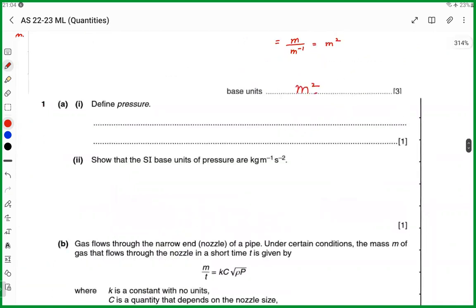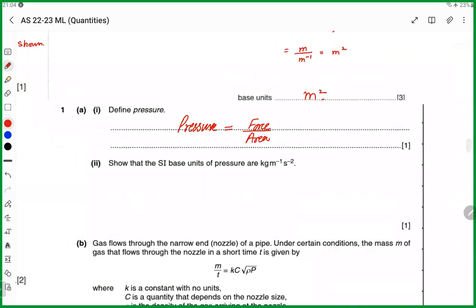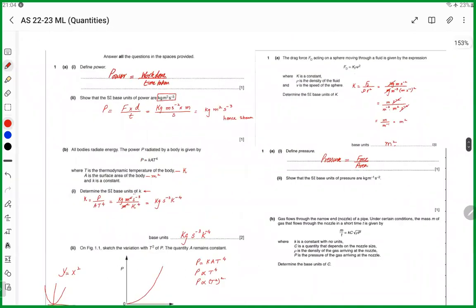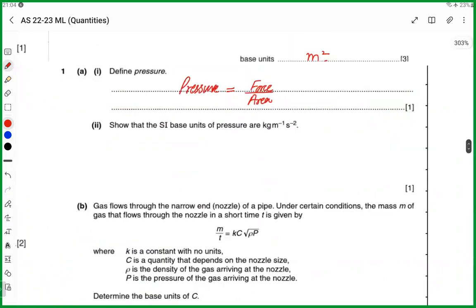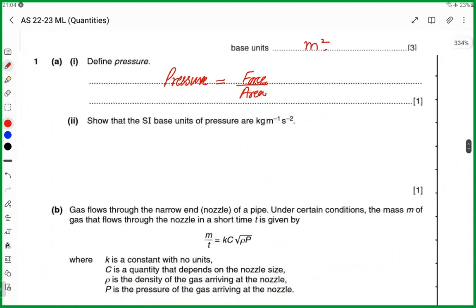Define pressure. Pressure equals force divided by area. If you're smart, you can see the pattern over here. Look at the question on the left: define power and then show the unit is this. Look at the question here: show that the SI base unit of pressure is kg per meter per second square.